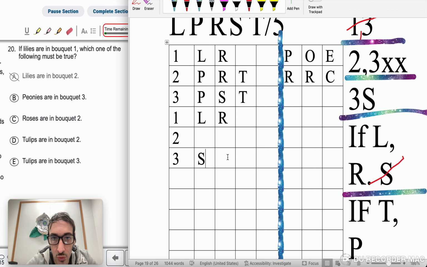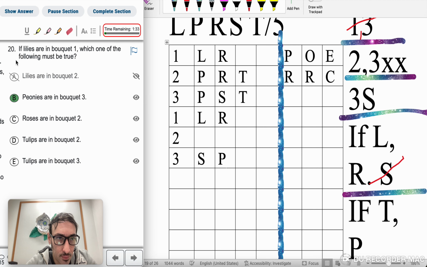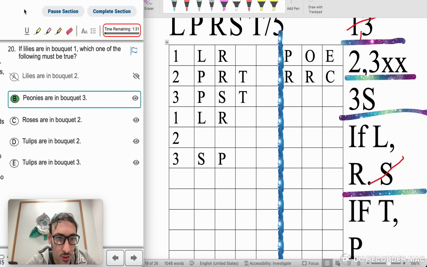Also, we're going to have the choice P as well. And with that being said, I see that number 3 has P, so let's go ahead and choose P right now. Answer B, P is in bouquet 3.